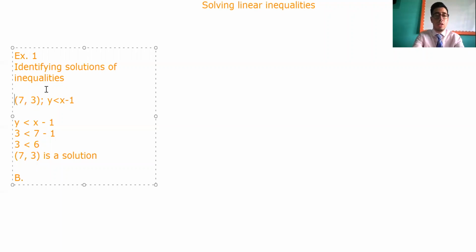I'm going to write A in this one, so you can see the difference. For the first one, the ordered pair is 4, 5, and the inequality is y greater than 3x plus 2.